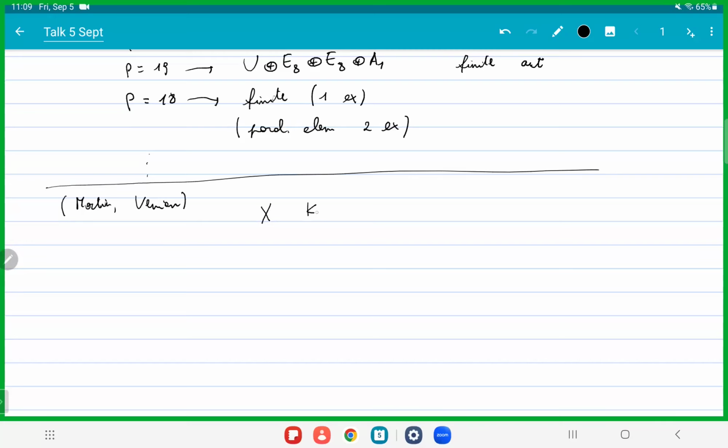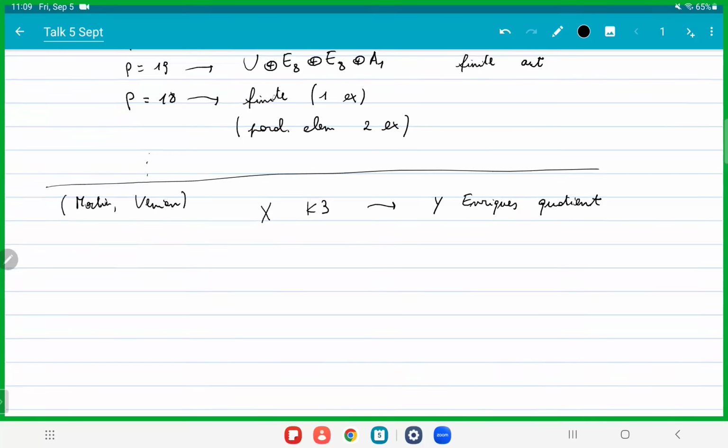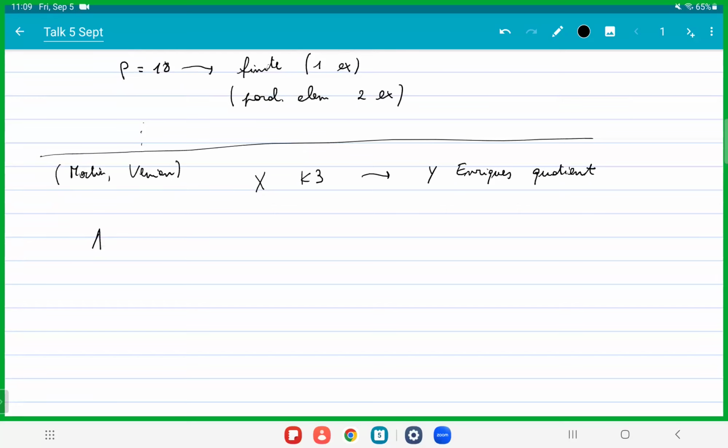So let's take X a K3, and let's take Y the Enriques quotient. It turns out it's a pretty fascinating result. Clearly, if the automorphism group of X is virtually abelian, then the automorphism group of Y is going to be virtually abelian, because this is the canonical cover.